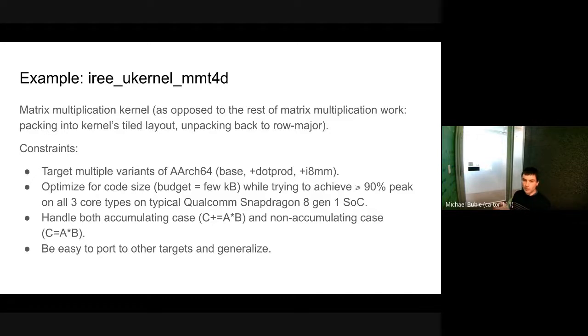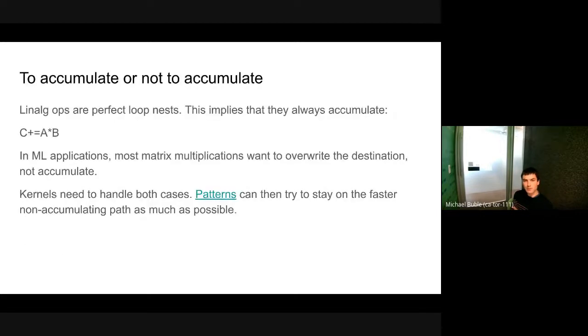And our microkernels have to do both because we want to support the fully general case of linalg matmul, but we also want to be a little faster in cases where we can be. And this needs to stay simple, easy to port, easy for anyone to hack and port to their target architecture and generalize to other operation types. So yeah, I just got into this topic of to accumulate or not to accumulate. Since I've already said it, I'll skip that slide.